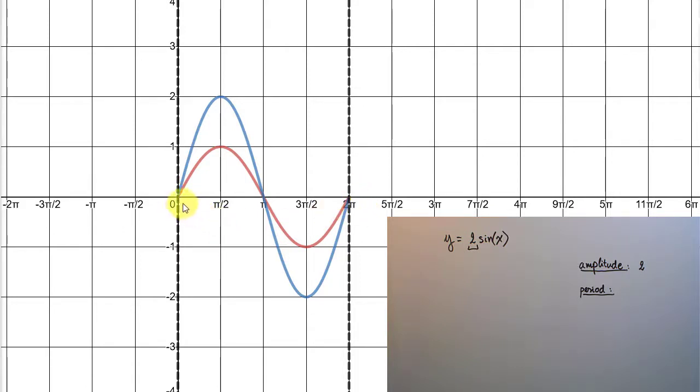So the entire period interval, from start to end, is 2 pi again. And the center line for 2 sine of x is exactly the same as the center line for the original sine of x, located at y equals 0, namely the x-axis, also called the midline.